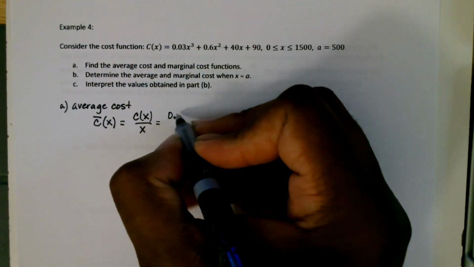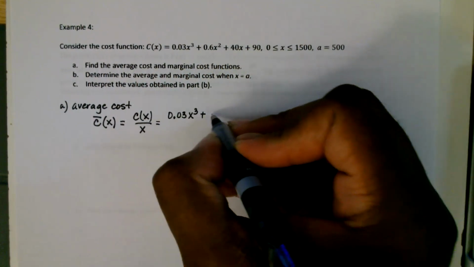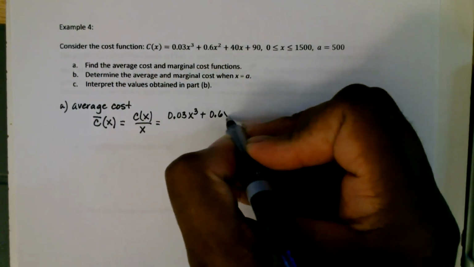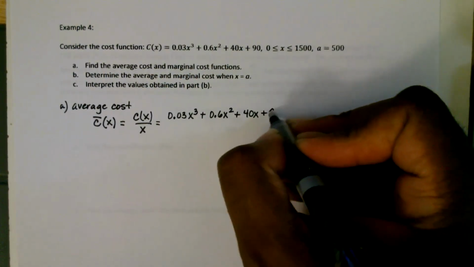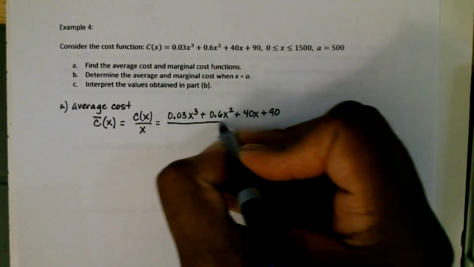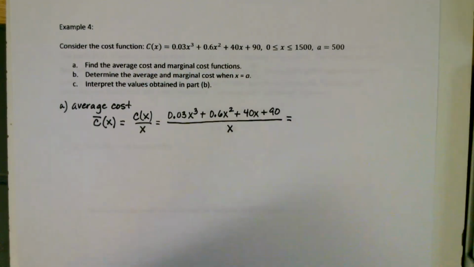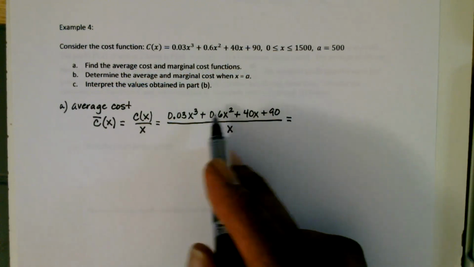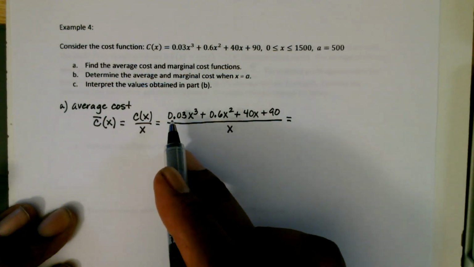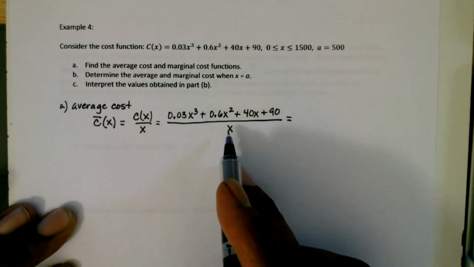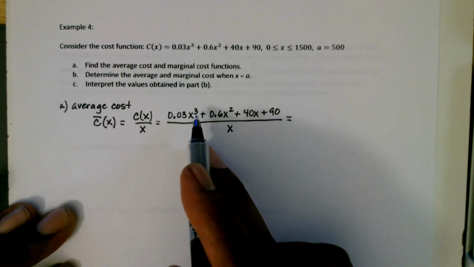So the cost function is 0.03x cubed plus 0.6x squared plus 40x plus 90, and that whole thing is divided by x. Each term in the numerator will be divided by x. 0.03x cubed divided by x: one of the x's divides out, and you'll be left with an x squared.